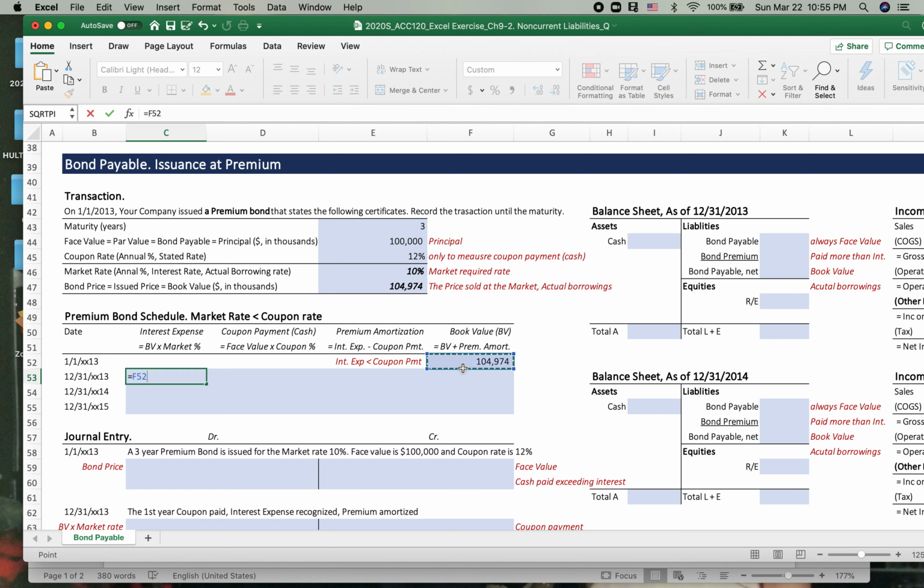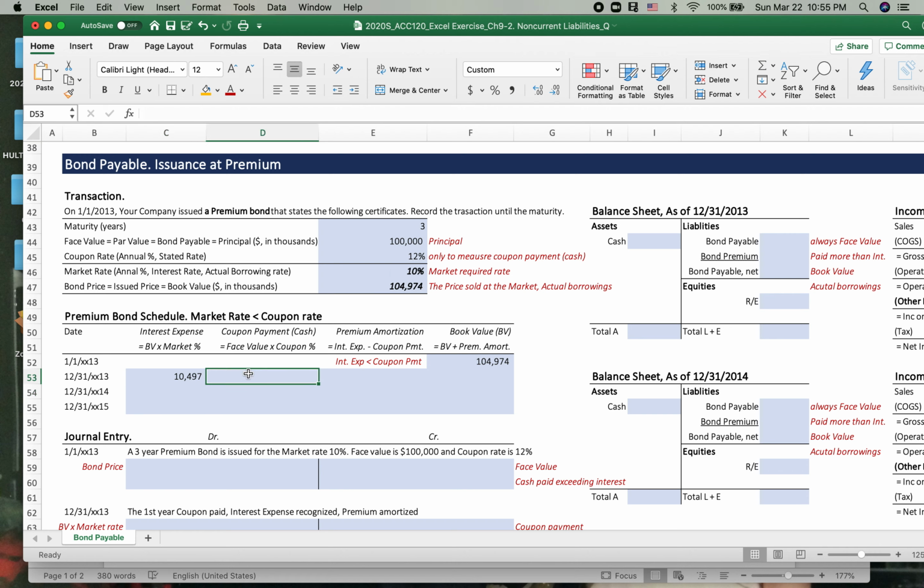So 104,974 times what borrowing rate? Is that 12%? No, this 12% is only used to calculate the coupon payment. The actual borrowing rate is still the market rate, 10%. So the interest expense the company should recognize is 10,497.